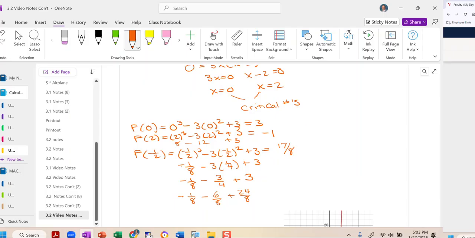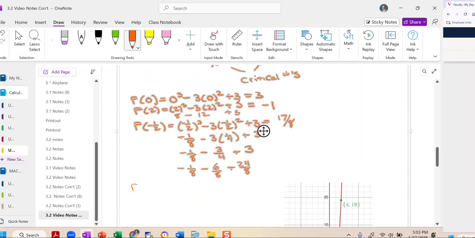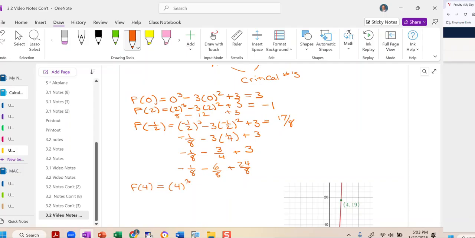And then when we find f of 4, it's 4 to the third minus 3 times 4 squared plus 3. So you get 64 minus 48 plus 3, which is 19.